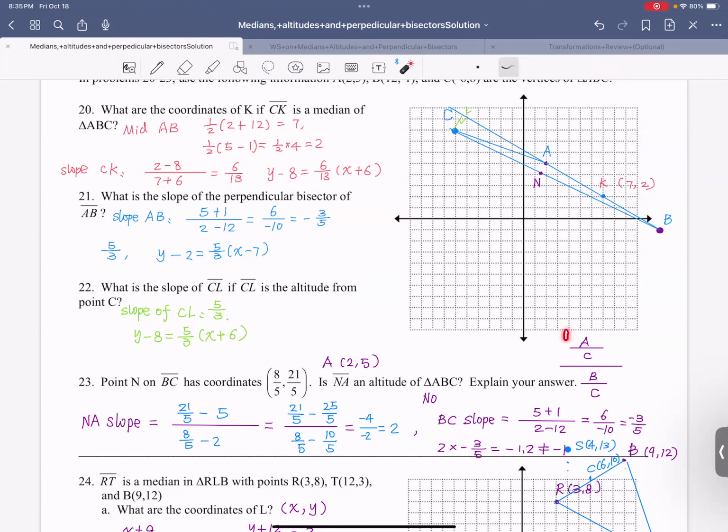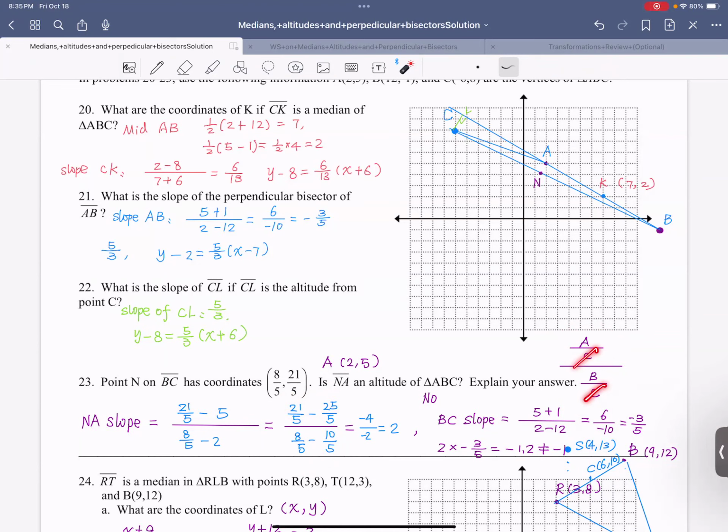I ask you guys, if you have A over C over B over C, when you have these complicated fractions and these two are identical, do you know that you can cancel this immediately? How many of you will cancel this immediately? If yes, raise your hand.